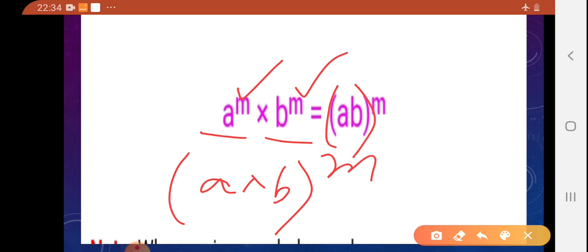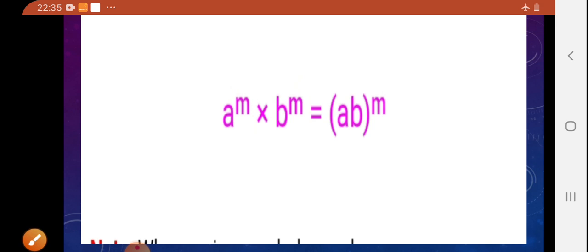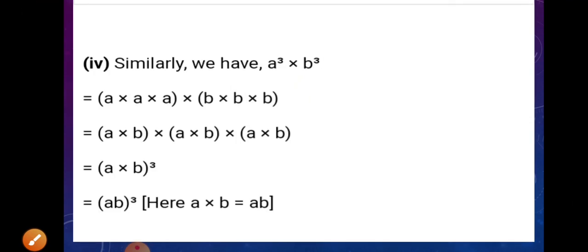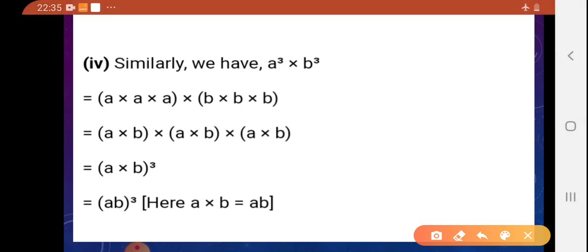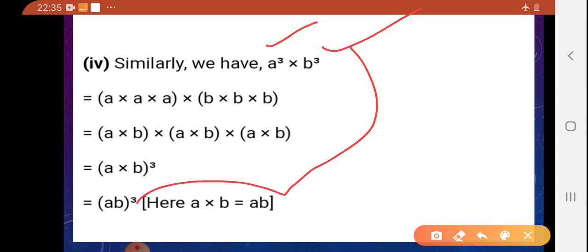If the base is different and the power is the same, the bases will be multiplied and whole to the same power. Here you can see a to the power 3 into b to the power 3. It means what it will give out? a into b whole to the power 3.